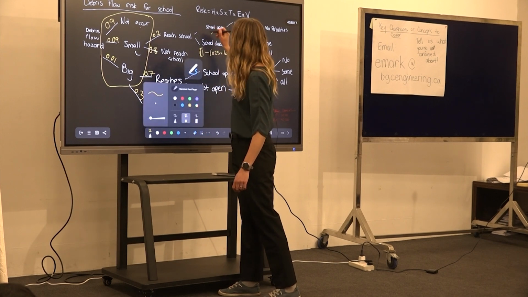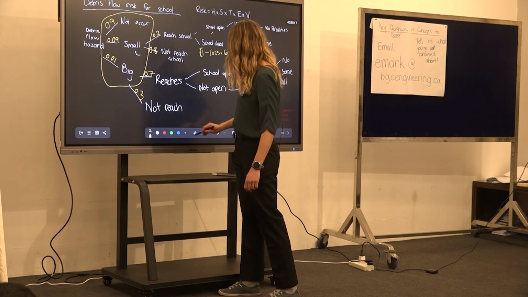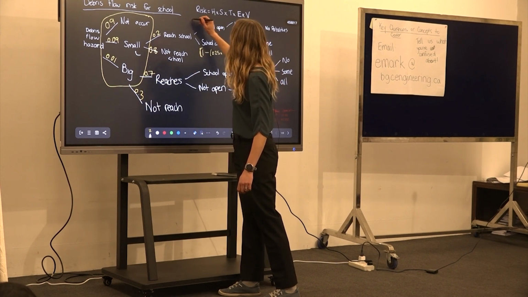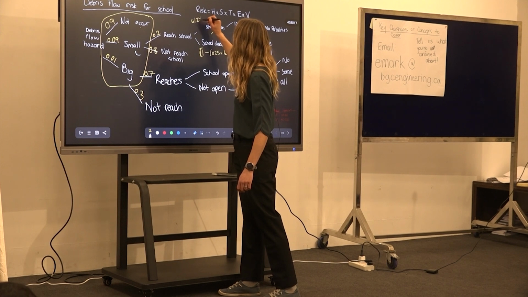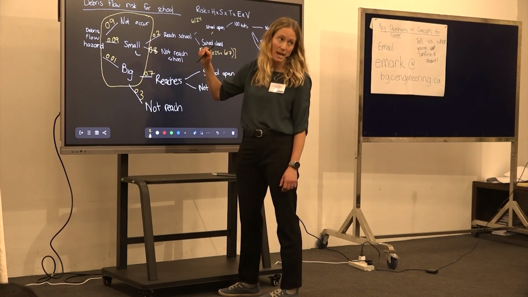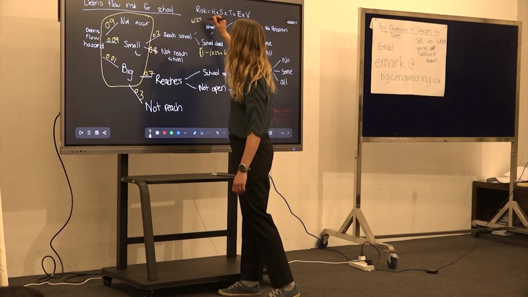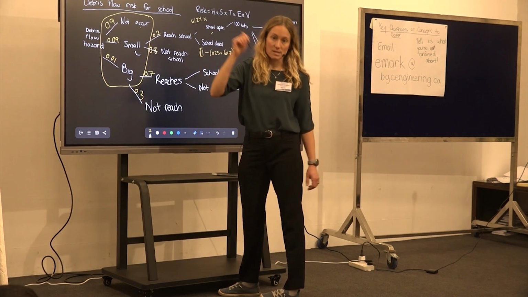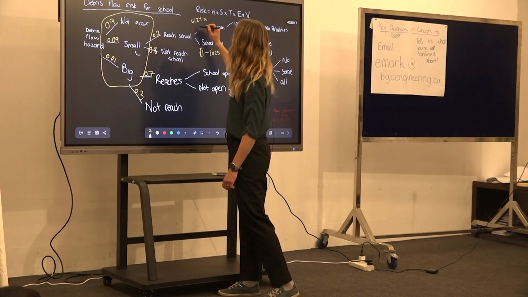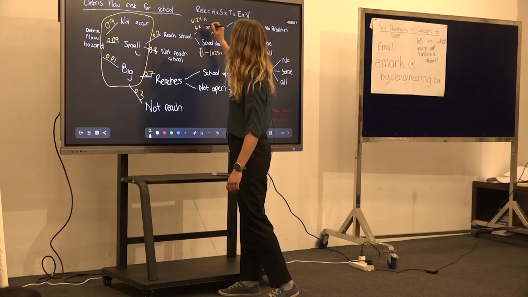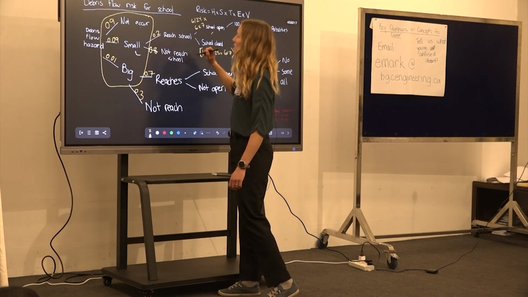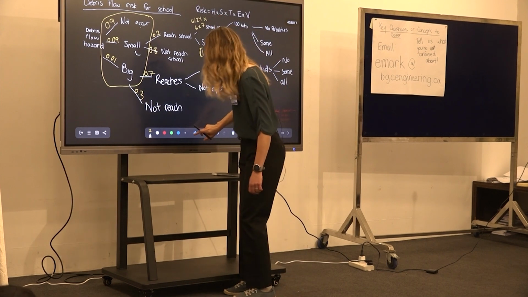Schools are open 6 hours a day out of 24 possible hours, and then they're open 6 days a week out of 7 days. So it's 6/24 times 6/7. Yep. Thank you.